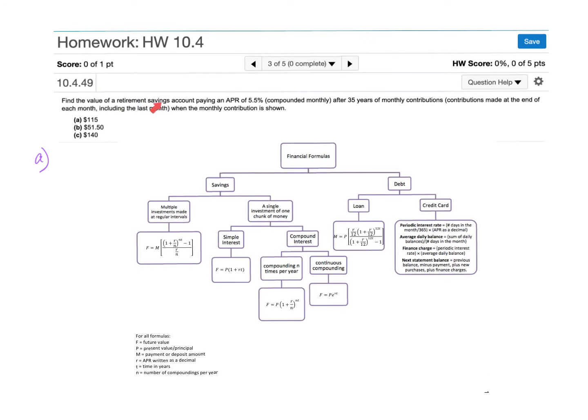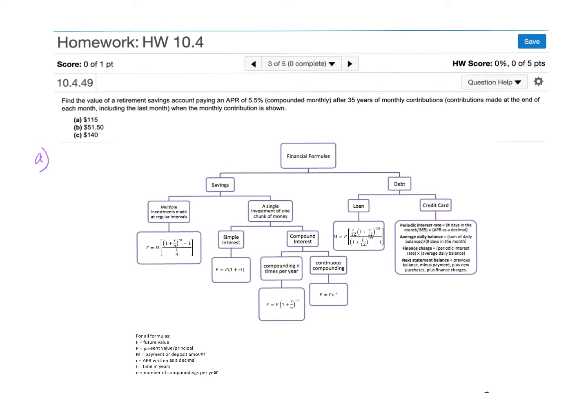This is a retirement savings account, so we go down the savings branch. Are we making multiple investments at regular intervals or a single investment of one chunk of money? We're doing monthly contributions, so that is multiple investments at regular intervals. This is the formula we're going to use, so we'll write that down before we start work on anything else.